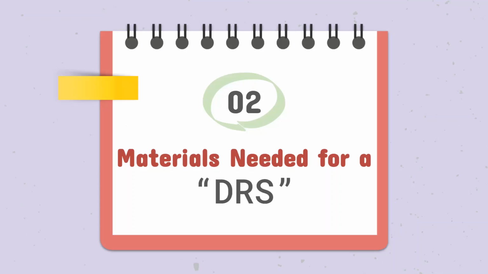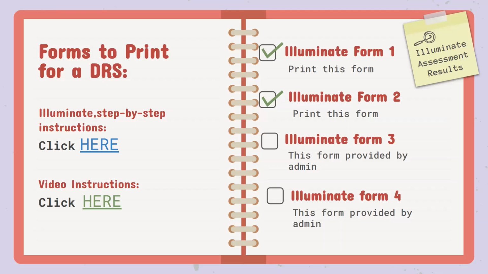So what materials are needed for a DRS? There are 4 forms that Illuminate provides after giving your assessment. Form 1 and 2 are forms you need to print before the DRS session. Form 3 and Form 4 will be provided to you by your administrator.